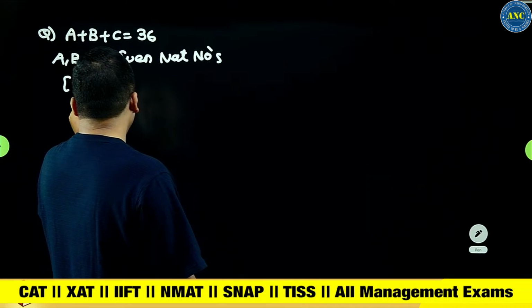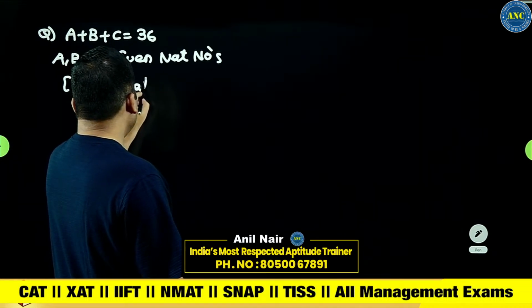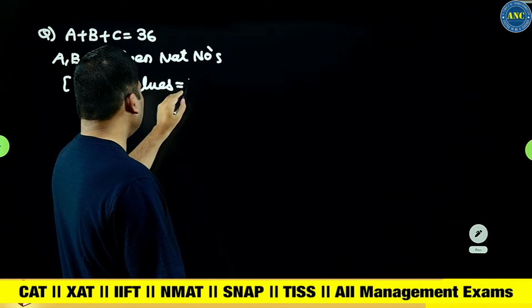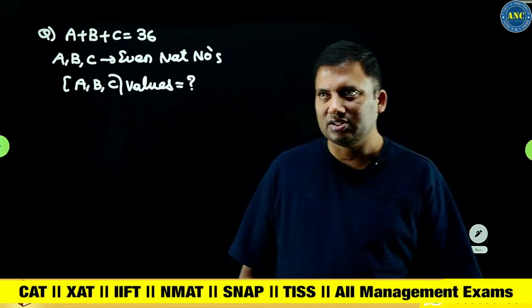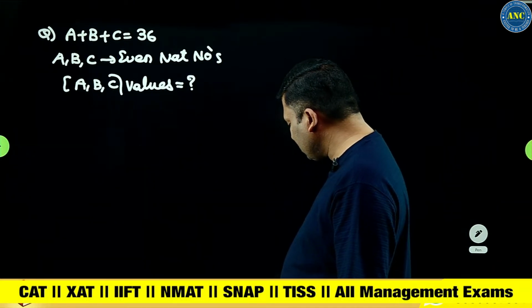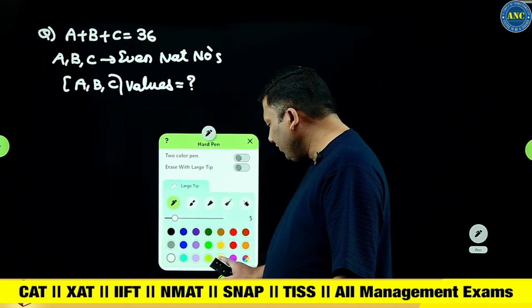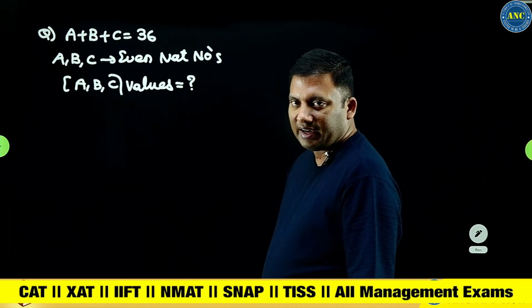How many values can A, B, C take such that this equation is satisfied?